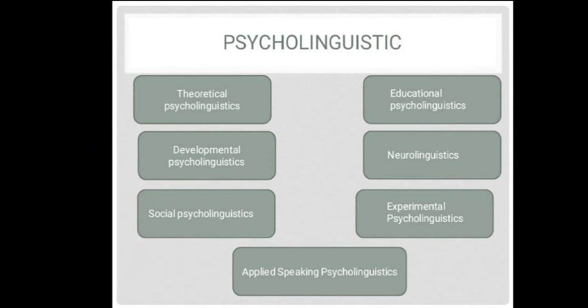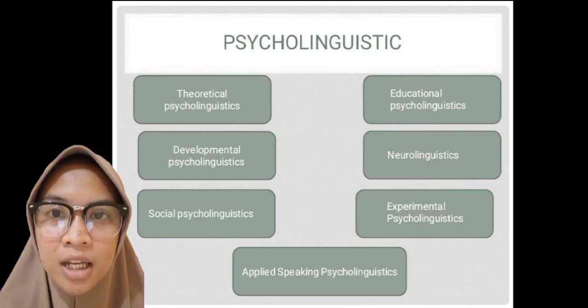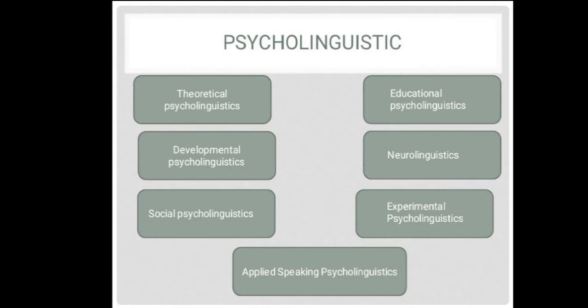And the next branch is neuropsycholinguistics, which talks about the relationship between language and the human brain. And the last is experimental psycholinguistics, which talks about experiments in all fields involving language and language behavior.